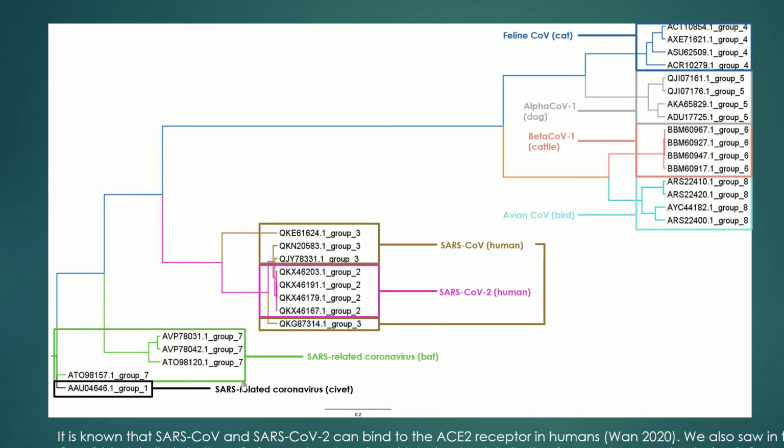So off to the left, we have civets and a bat, and these are the hosts for these strains of coronavirus. But they share more distant common ancestors to COVID-19, which we're dealing with today. However, COVID-19 shares a more recent common ancestor right here at this node with all of these hosts, so cattle, birds, dogs, and cats.